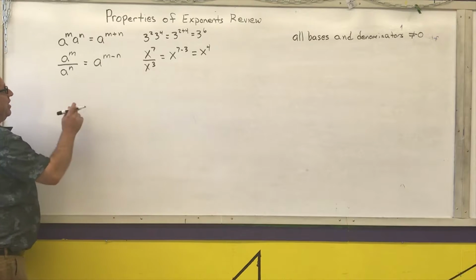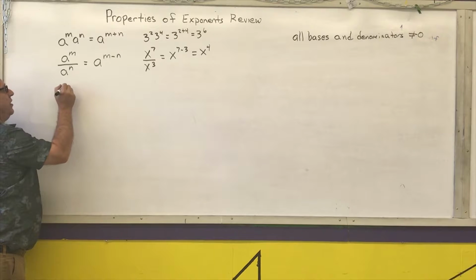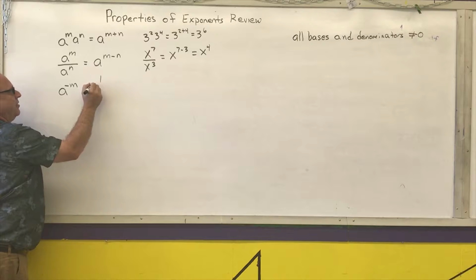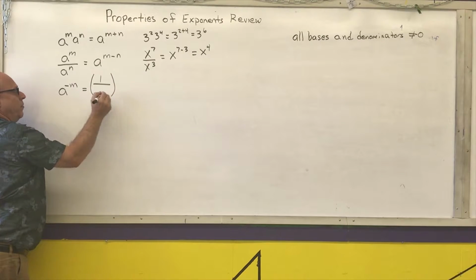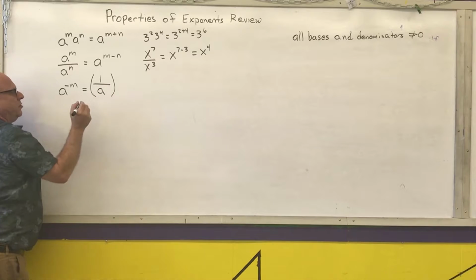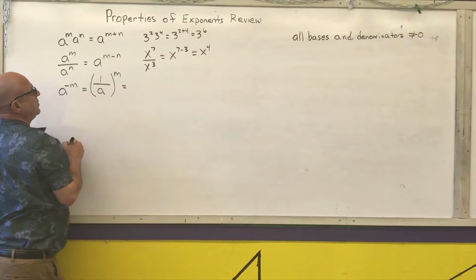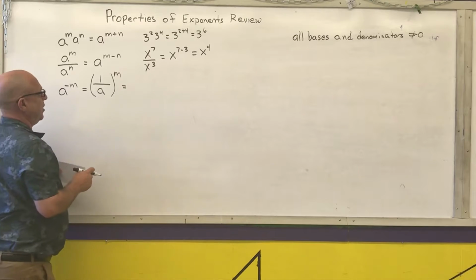From here, I have the negative exponent property. If I have a base raised to a negative exponent, it is the same thing as the reciprocal raised to a positive exponent. And in this case, I haven't shown you yet the quotient property.